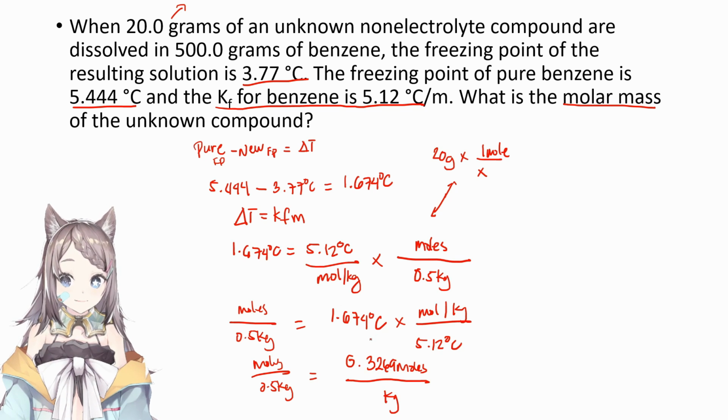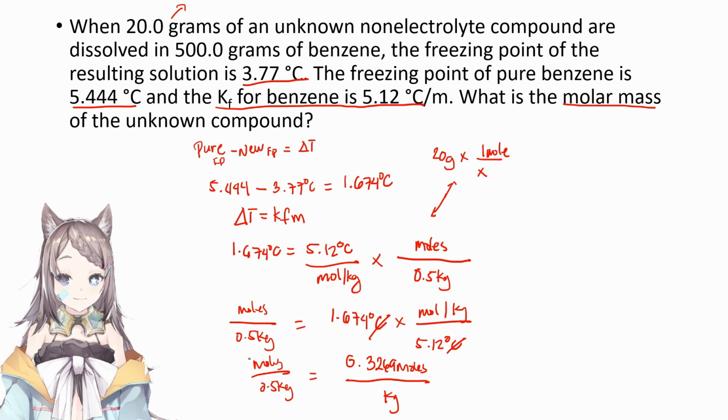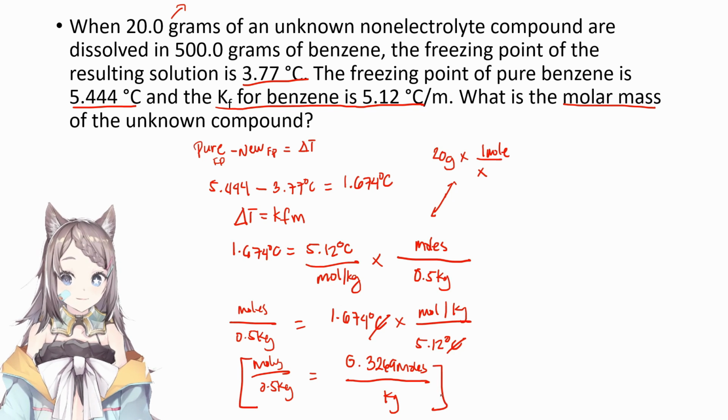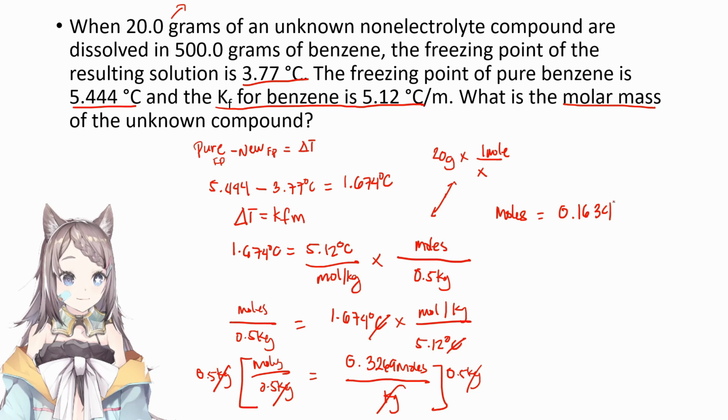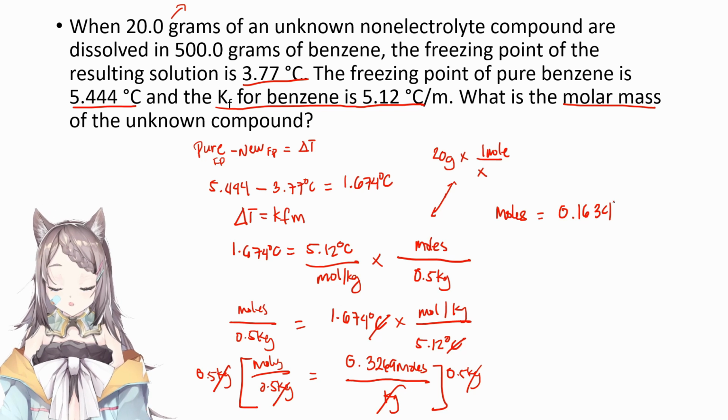So where did this come from? Centigrade was cancelled out. Let us multiply both sides by 0.5 kg. So we will cancel out kilograms, and our moles is 0.1634. We have 0.1634 moles.